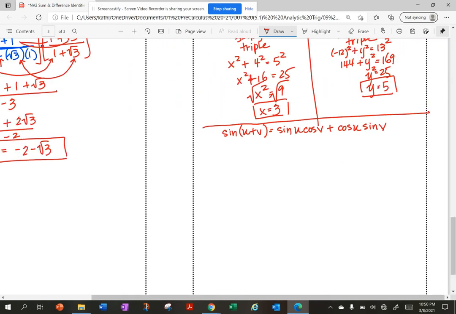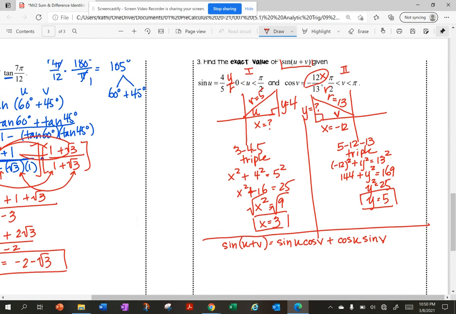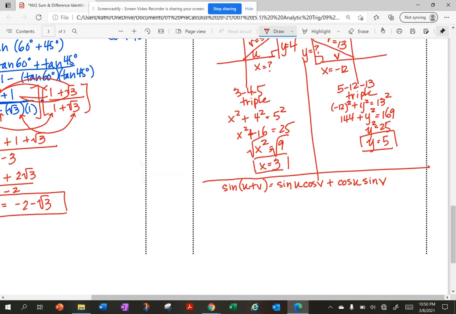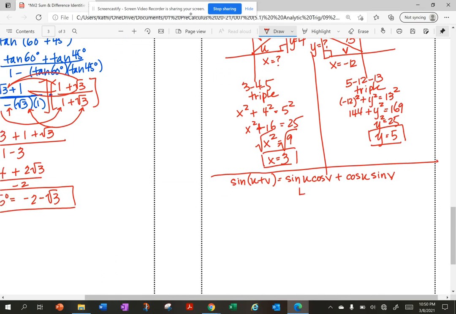Now I'm going to just start substituting in. For angle u, the sine is given, so that was 4 over 5. Cosine of v was given, so that was negative 12 over 13. Plus the cosine of u is now x over r, so that's 3 over 5. And the sine of v is going to be 5 over 13.